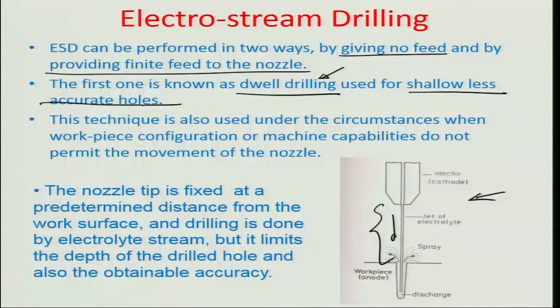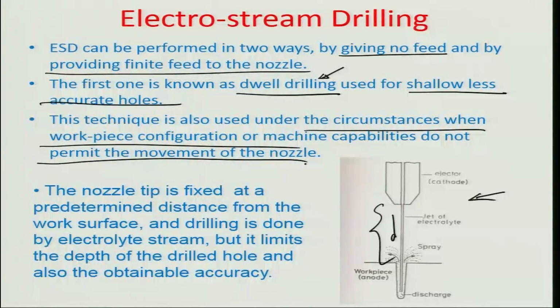Also, there may be circumstances when the workpiece configuration or machining capabilities do not permit the movement of the nozzle. There may be a complex crevice or a cavity in which you are doing the drilling, and there may not be enough space or enough capability for the machine to move the drill in a particular direction. In those cases, it is the stream which would do the job.